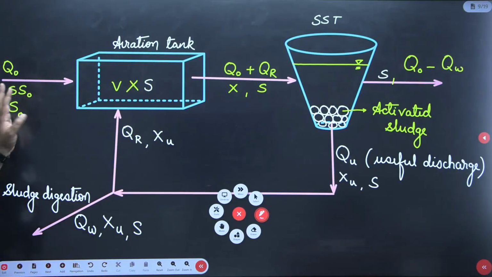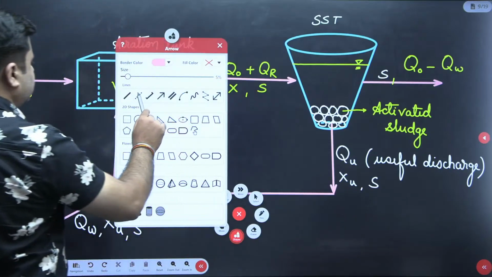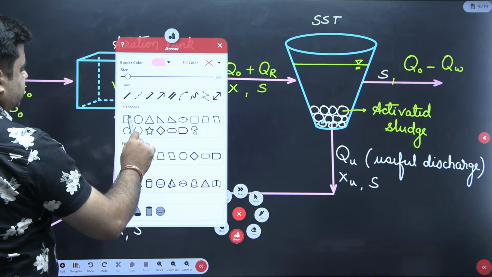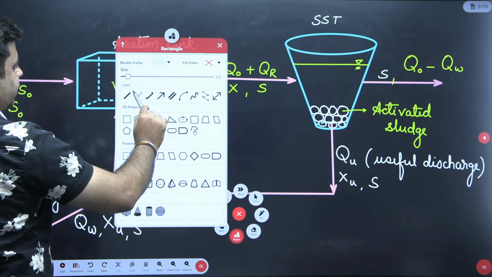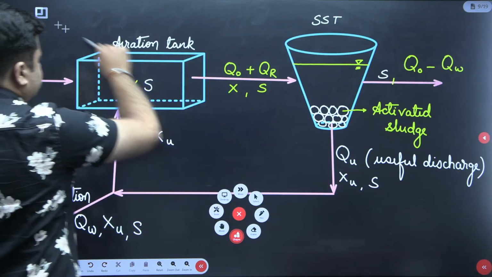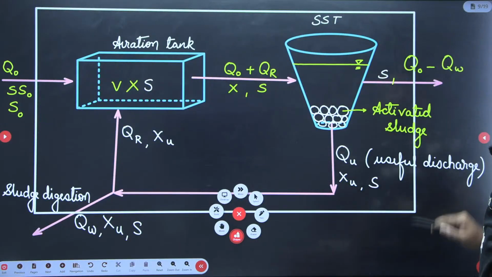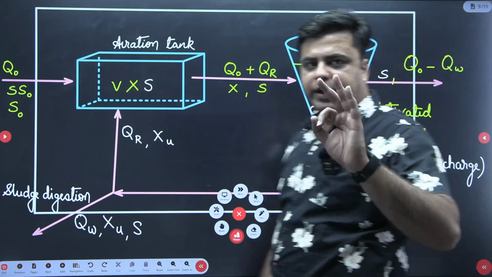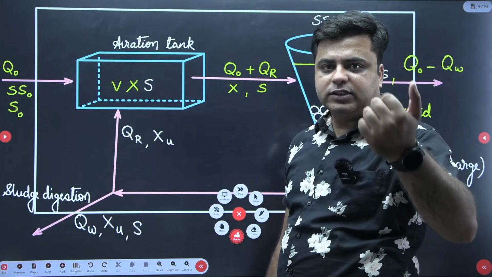If you look into this entire system, say this is your entire system, I am just giving you an idea. You will find there are 3 points from where discharge is either entering or moving out.